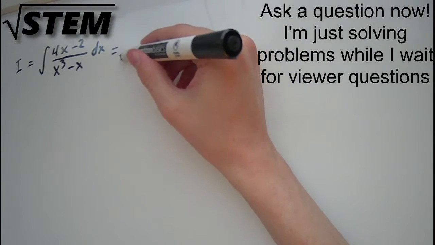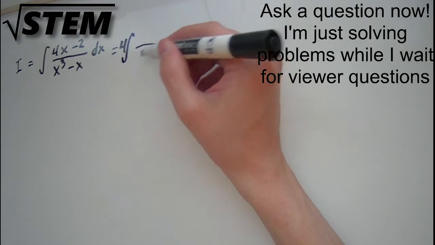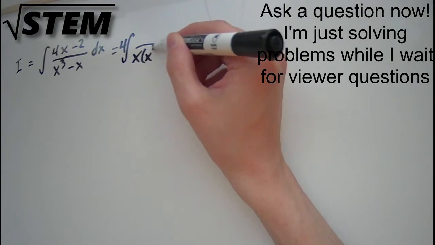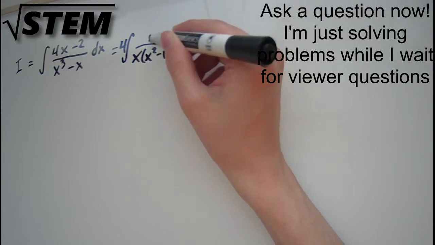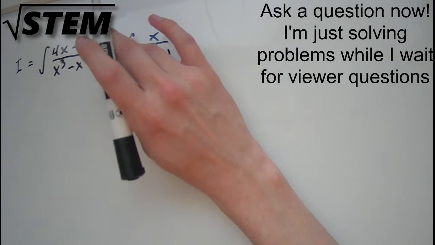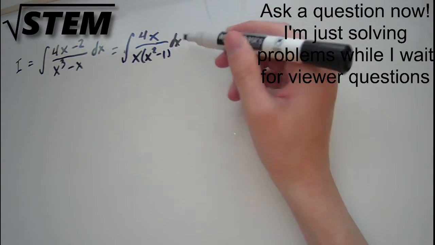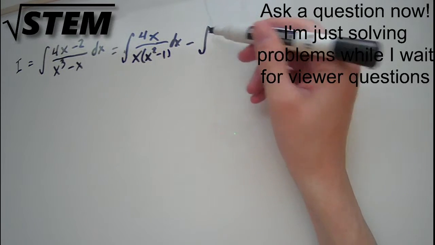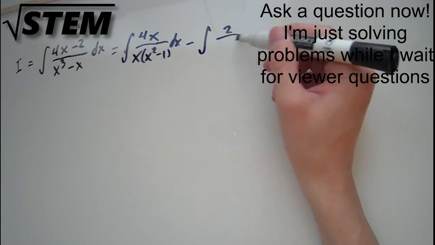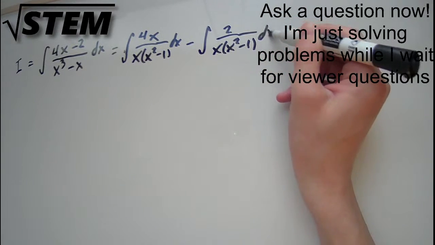So we're going to have two integrals. We're going to have 4 times the integral of x squared minus 1 on the bottom with x on top. I'll put the 4 back inside just so it's easier to see what we're doing. dx minus the integral of 2 over x times x squared minus 1 dx.